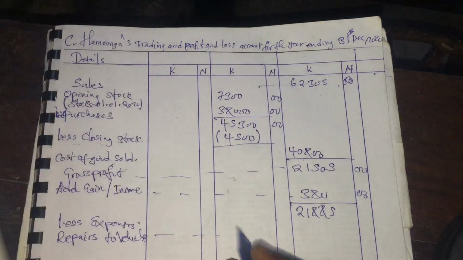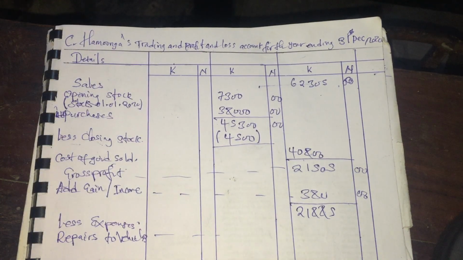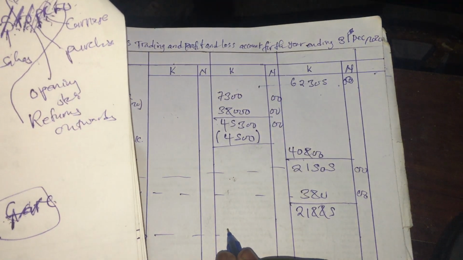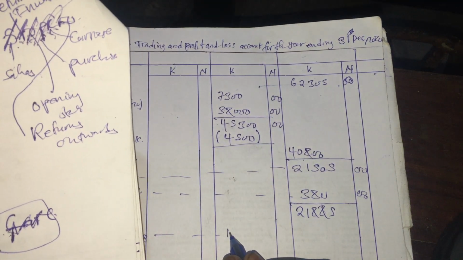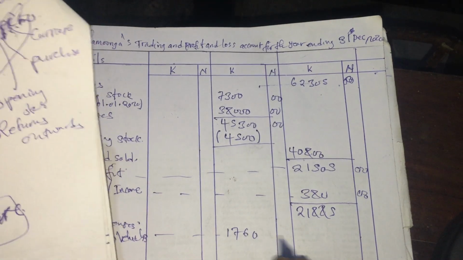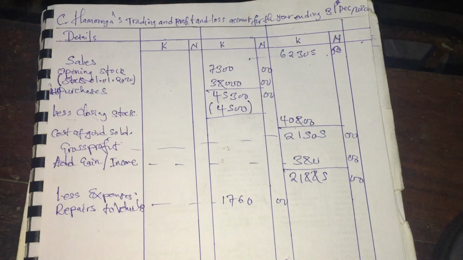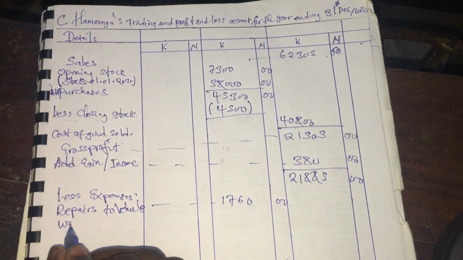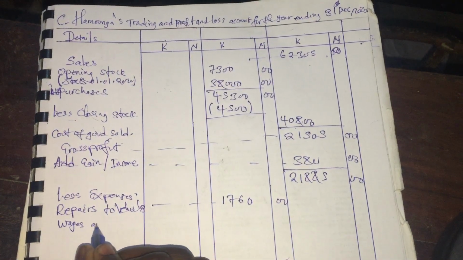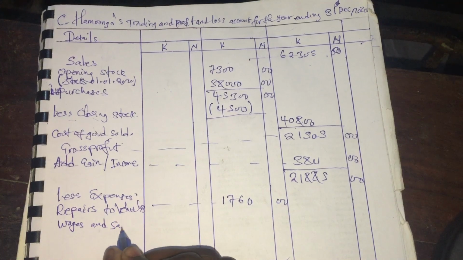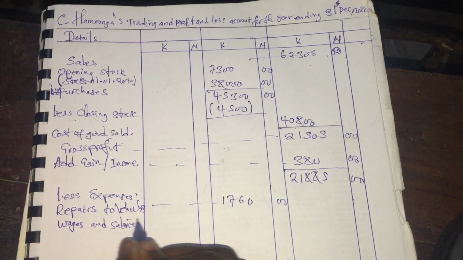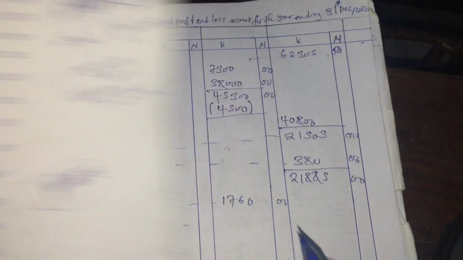The amount should be indicated in the middle box for expenses, so it's 1760. Then we do have wages and salaries.